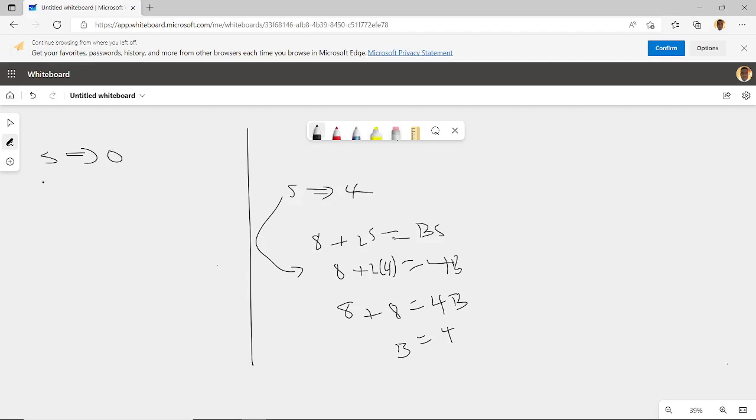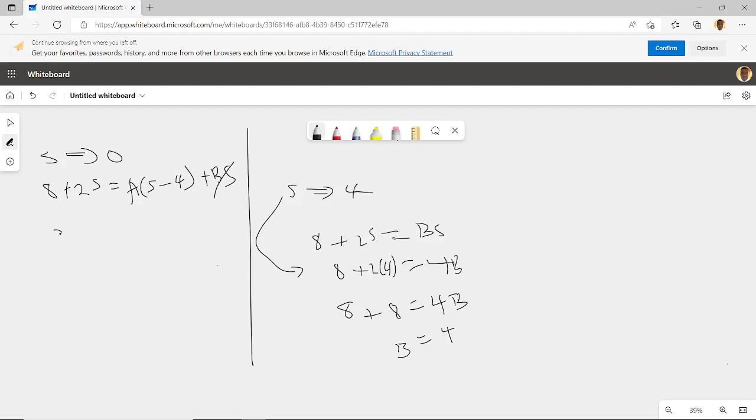And the equation itself is 8 plus 2s equals a into (s minus 4) plus bs. So when s equals 0, the bs will cancel.